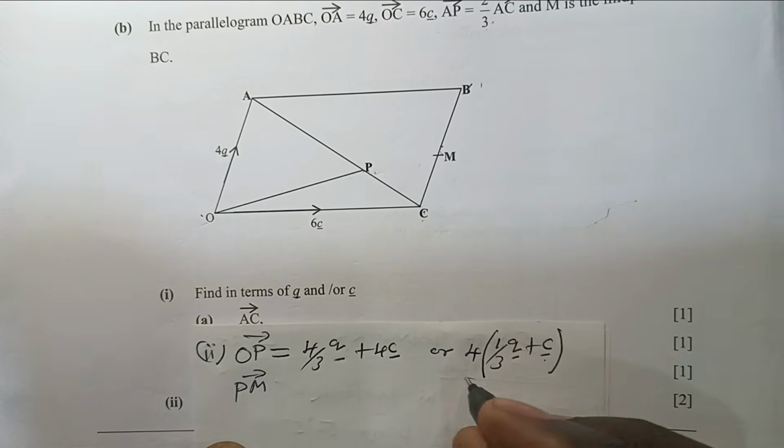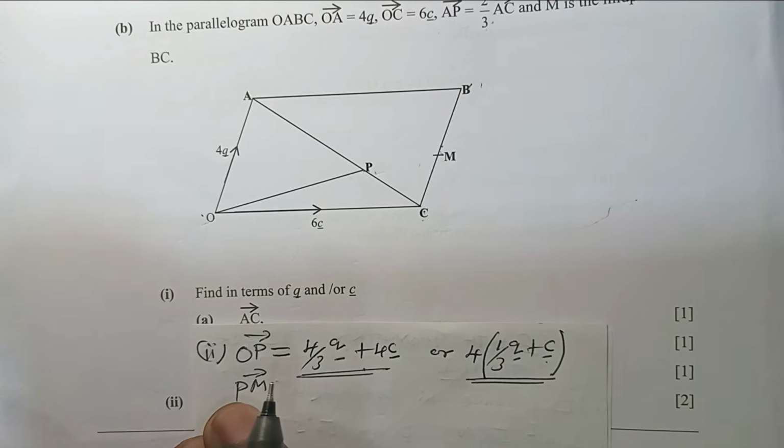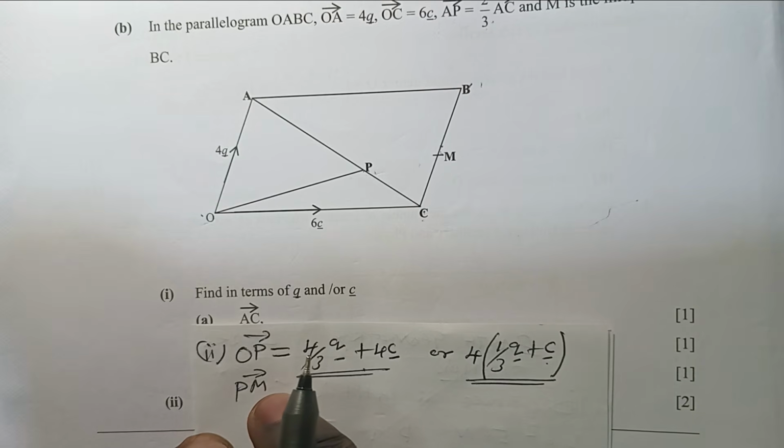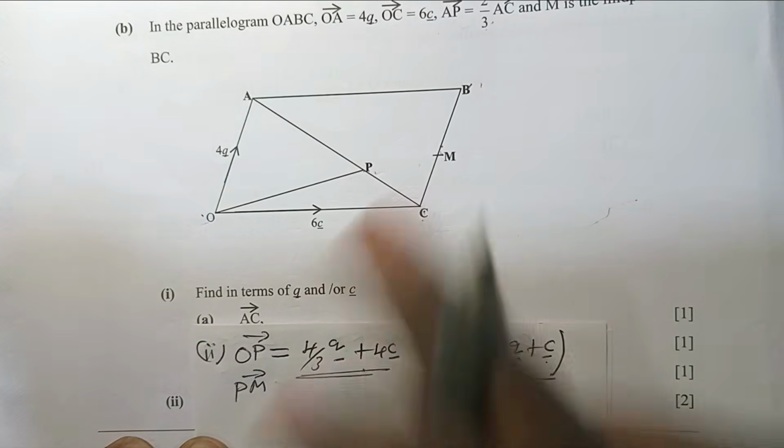So this is the vector OP. Now let's find the vector PM and see if OP can be a scalar multiple of PM.